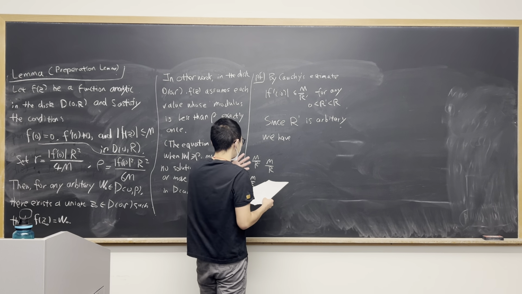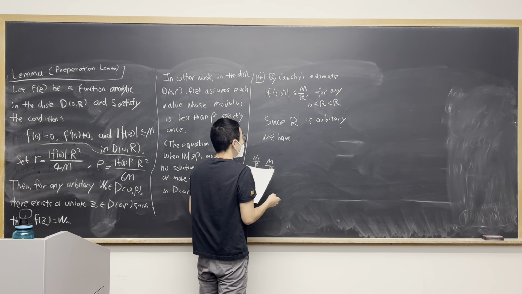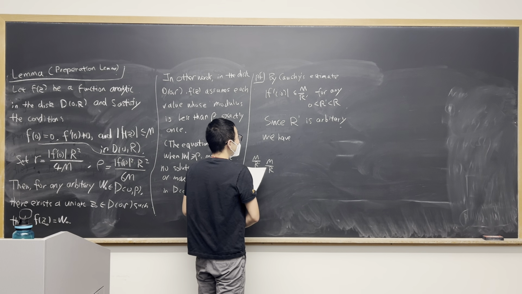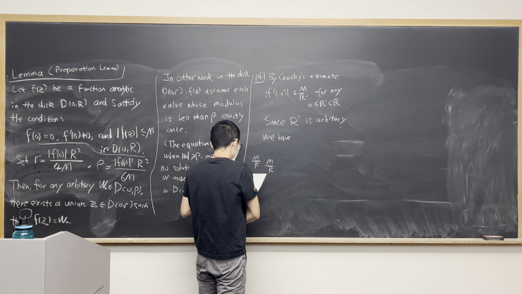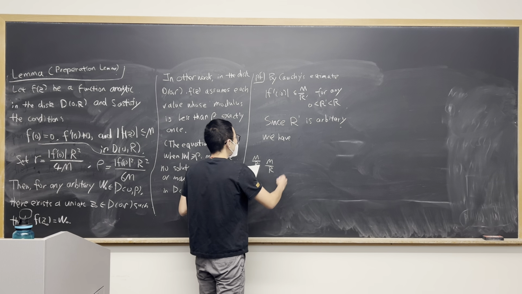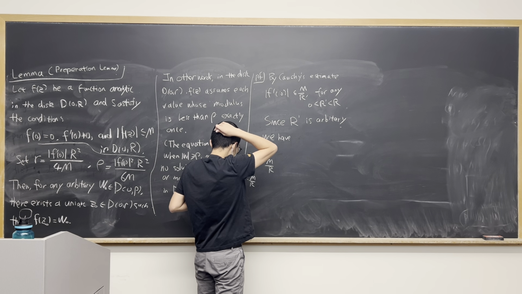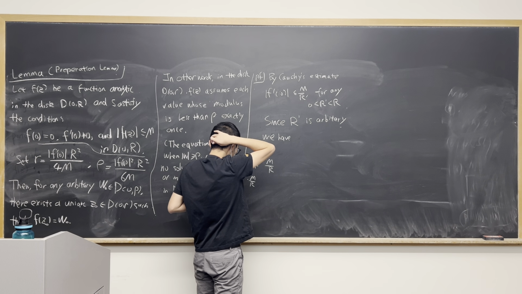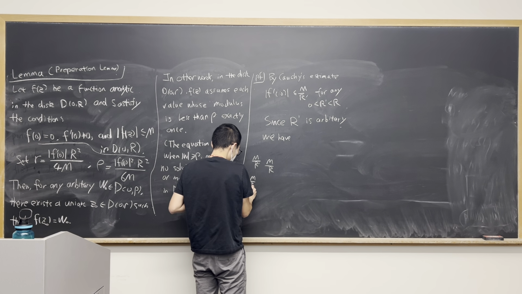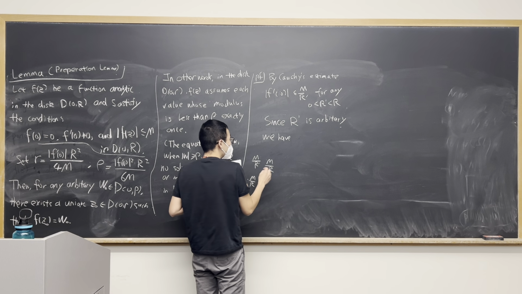M over R, what is R? R is something bigger than R prime.